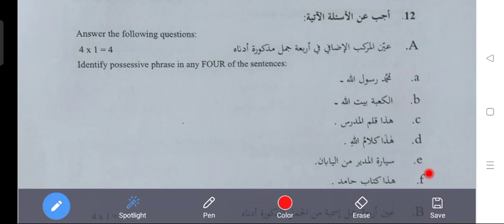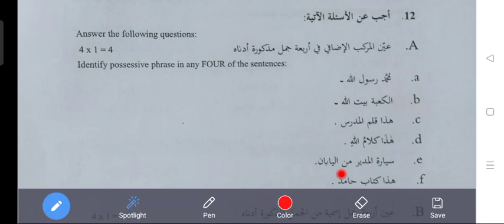Sentence F. Hada Kitabu Hamid. Hada is a demonstrative pronoun, so we will leave it. Kitab is a noun and Hamid is a noun. So Kitabu Hamid. The second condition was that the Al-Mudafu ilayhi may carry al or may not carry al.